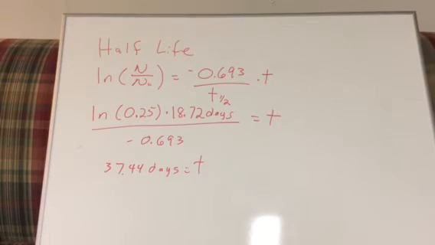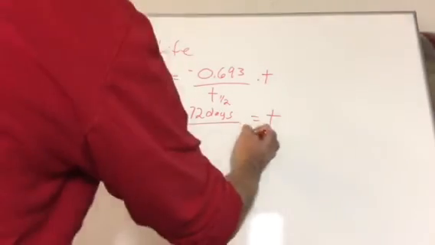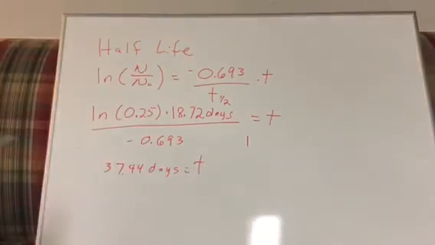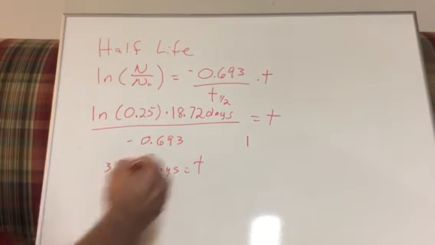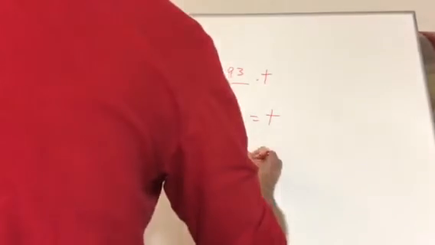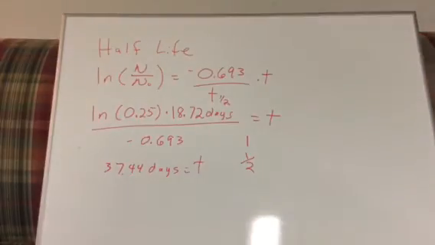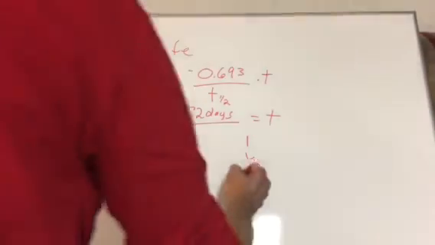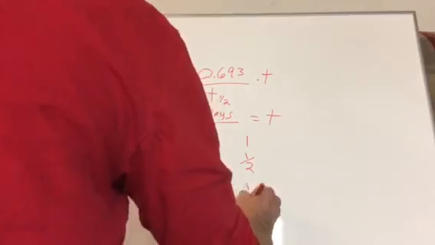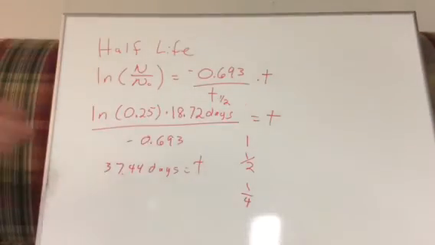Now, another way to do this, and many of these problems are set up this way: if you start with a certain amount, let's just say 1, to make it easy on ourselves, then a half-life later you're going to have 1/2. Another half-life later, you're going to have 1/4. And that's what you're told. You had 1/4 left.